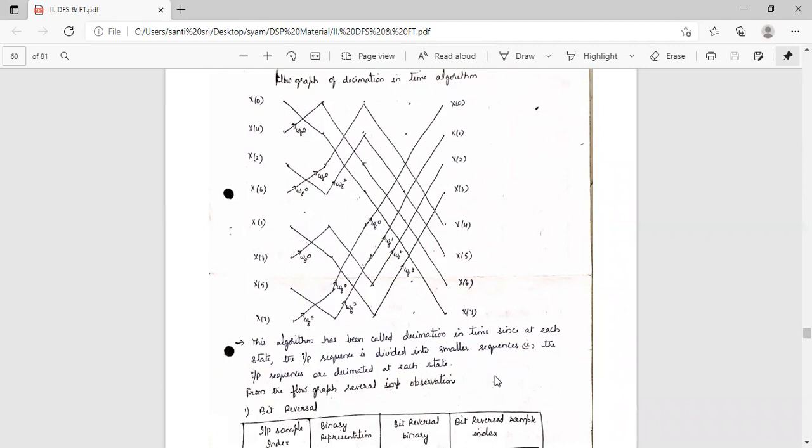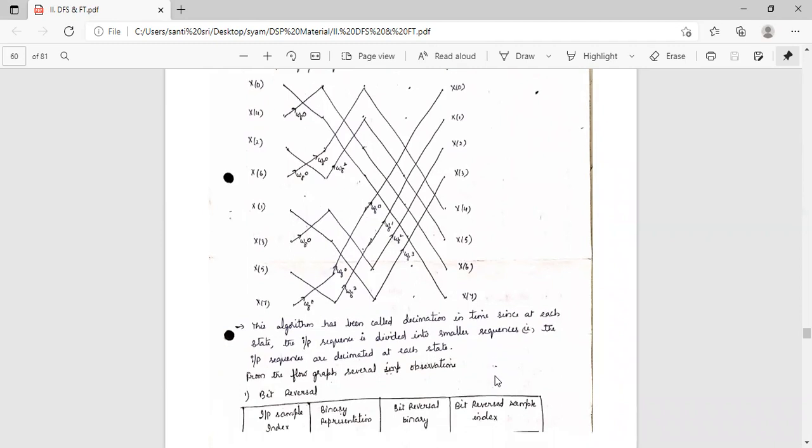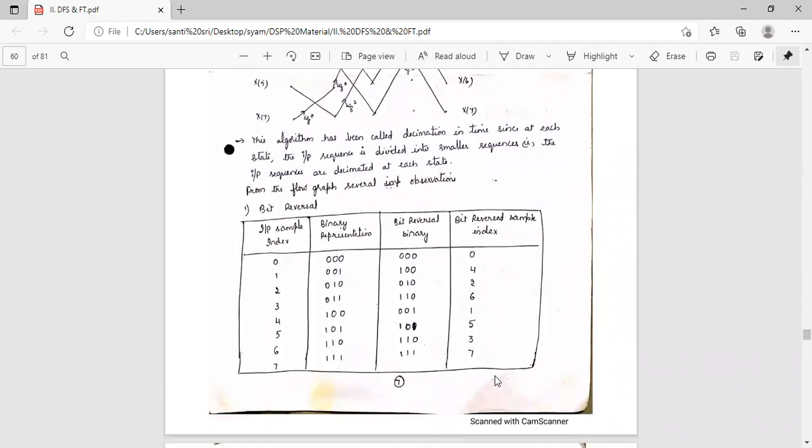From the program, several important observations we have. First point we have to know is bit reversal. So input samples of index 0 to 7 are there. We will represent this 0 to 7 in binary representation like this.